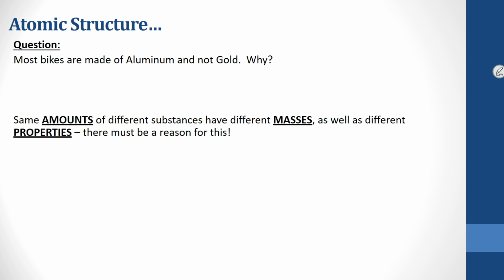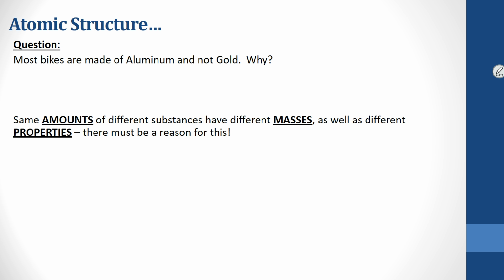Gold is very, very heavy compared to aluminum, which is very, very light. So these properties are the reasons why we choose things like aluminum to build bicycles or car parts or things like that out of, and not gold. Not only just cost, but it's the weight, it's the durability and the strength of the substance as well.